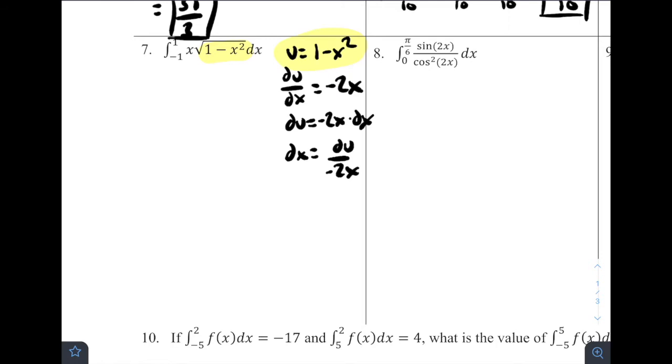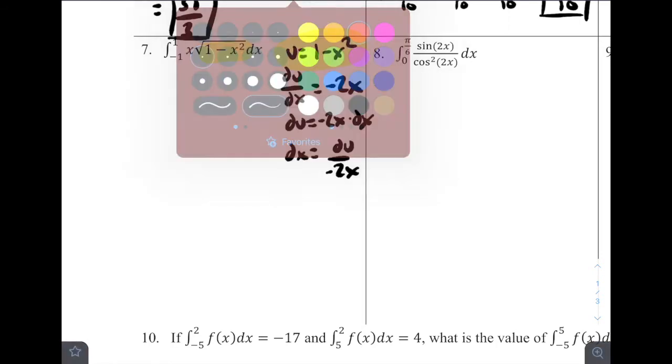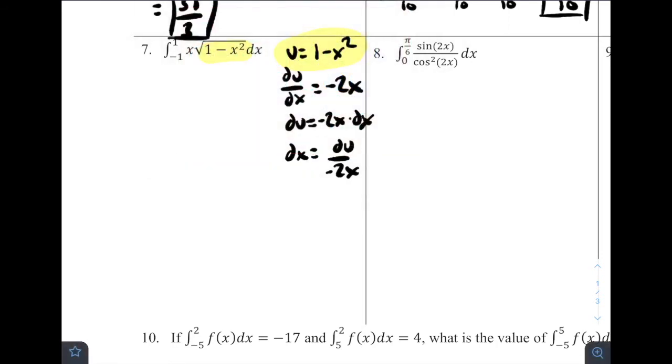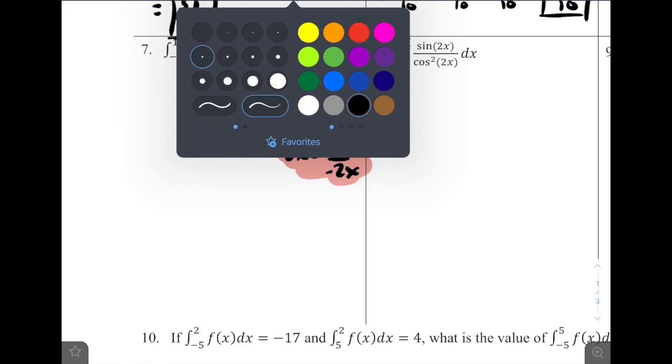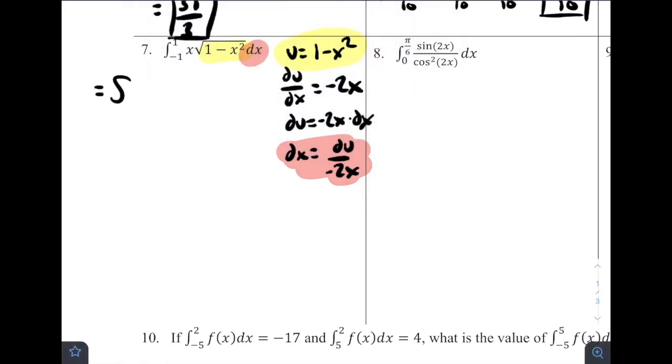So I've got my u. I've got my dx, which I should use a different highlighter color. That's going to go right there. Let's substitute in and see what happens. So this is equal to the integral. Oh, we also don't want to forget our limits of integration since this is a definite integral.